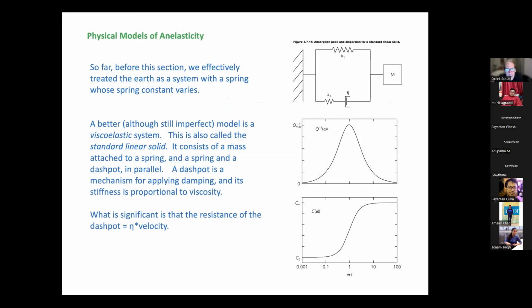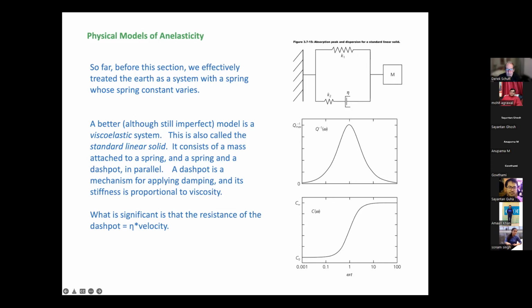Now, so far, we've effectively treated the Earth as a system with a spring whose spring constant varies. A better system, although it's still imperfect, it still doesn't perfectly mimic the Earth, is a viscoelastic system. So we have a mass, and that mass is connected to a platform by one spring on one side and a spring and a dashpot on the other side.